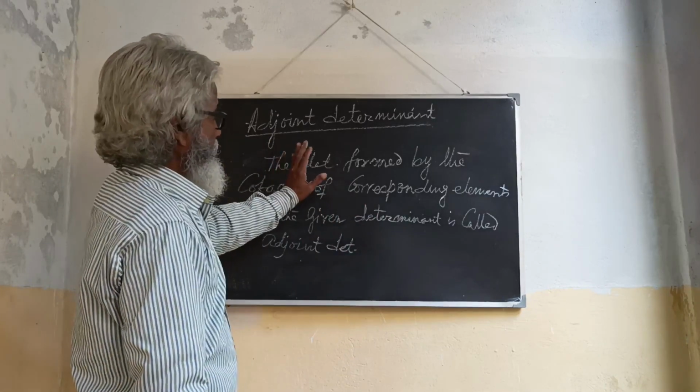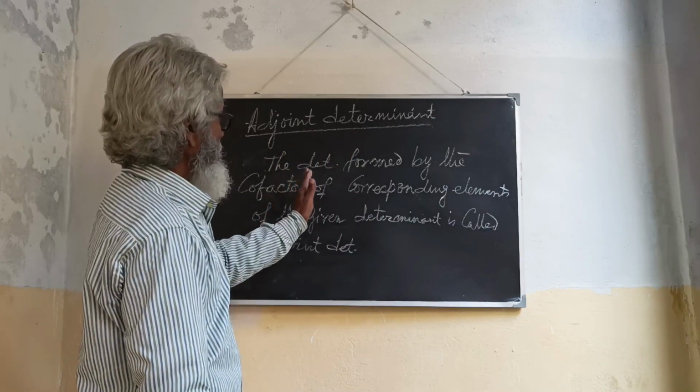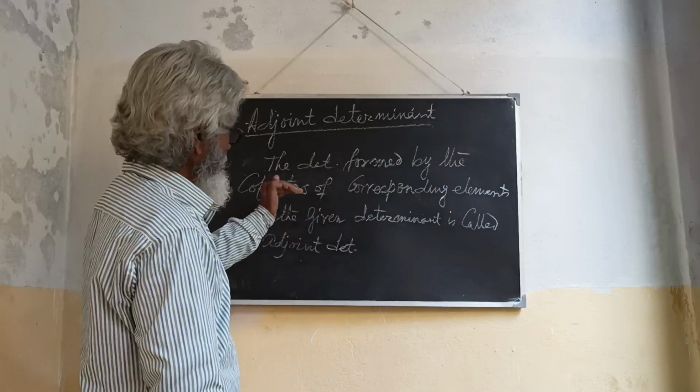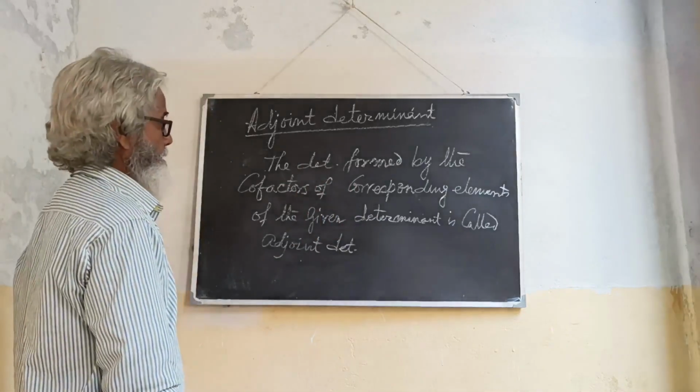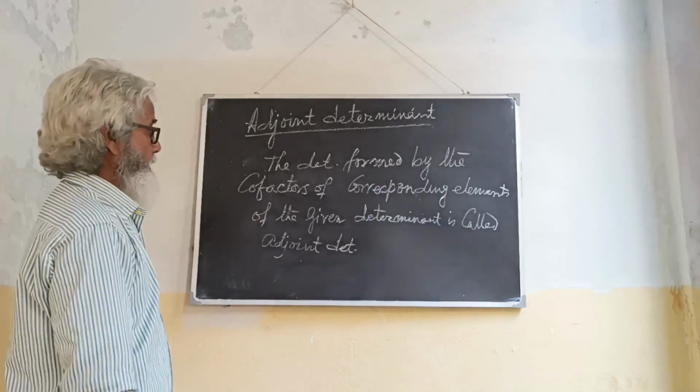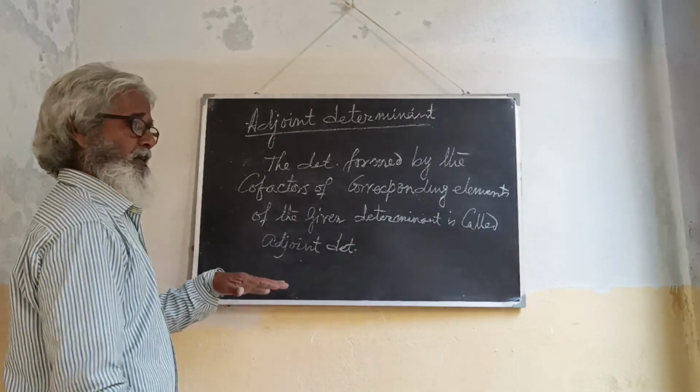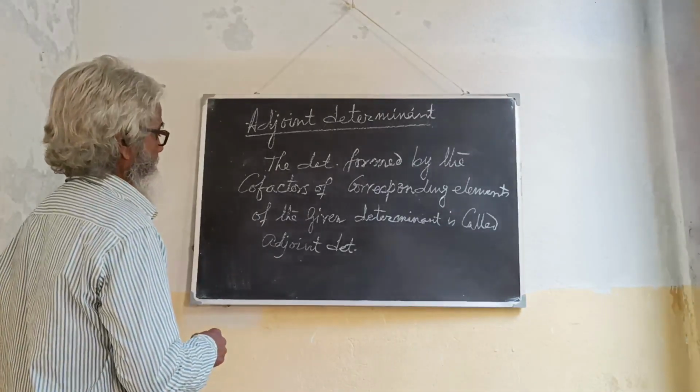The determinant formed by the cofactors of corresponding elements of the given determinant is called adjoint determinant of the given determinant. May write or may not write.